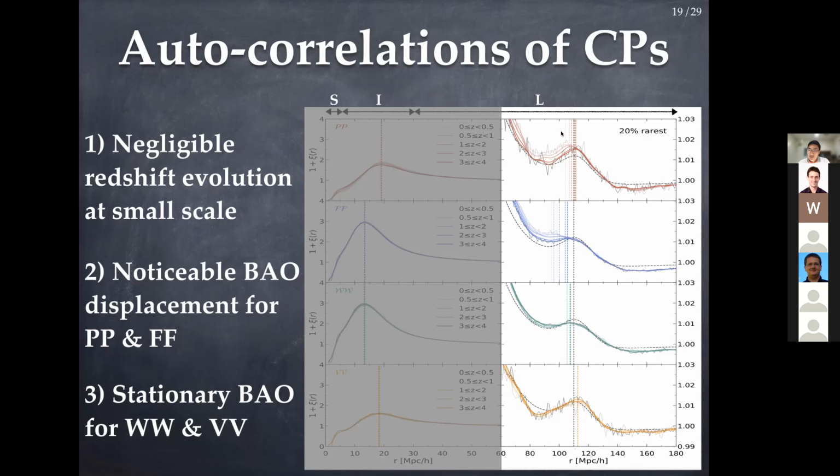And this supports the idea that they are suffering from the nonlinear gravitational evolution. And on the contrary, wall types and void types are relatively stable in terms of BAO position.